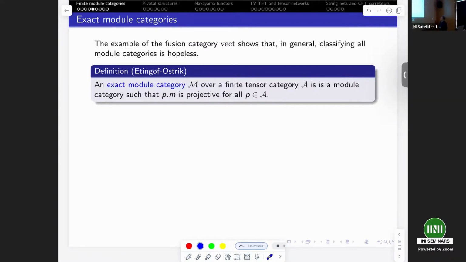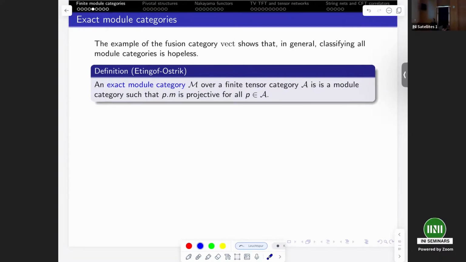What we do is we use the notion of an exact module category. So an exact module category over a finite tensor category is a module category such that if you are acting with a projective P in your monoidal category on any object M, then you obtain an object that is projective in the module category.